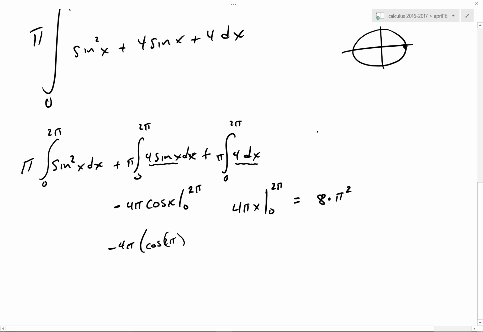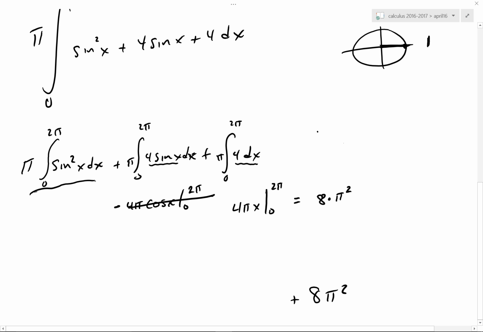How far over did you come to get over there? Got it. And what's the cosine of 0? Isn't it the same thing? Isn't it also 1? It is. So what is 1 minus 1? 0. Nice. So this whole middle term cancels out. It's 0. Isn't that swell? So down here I have 8 pi squared plus whatever's going to come from this garbage here. You with me? Let's do that.